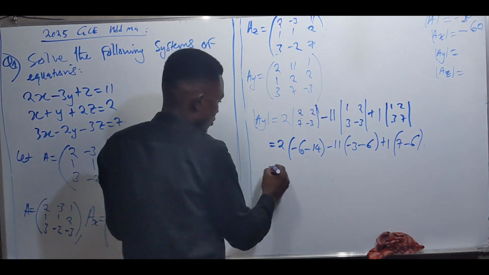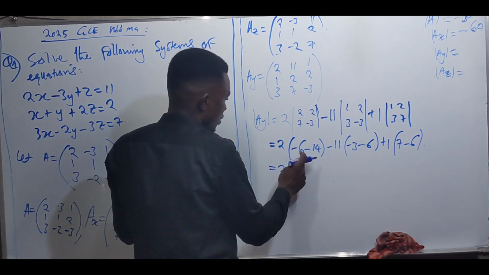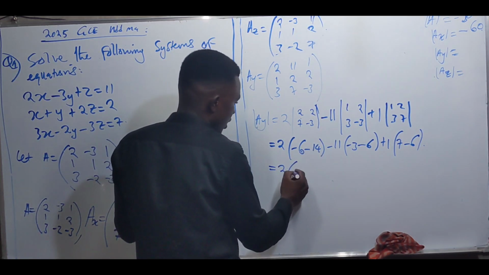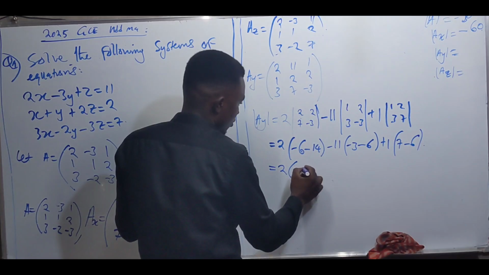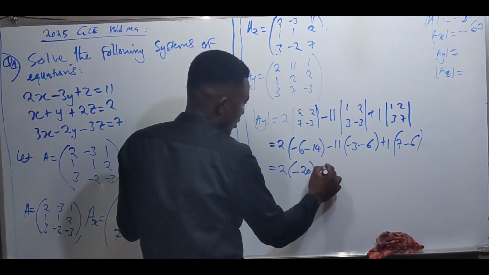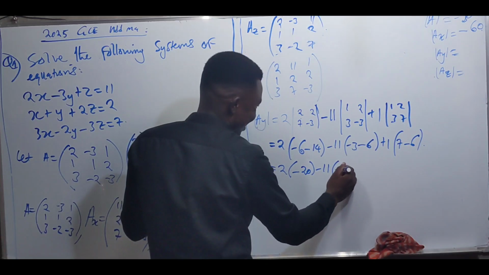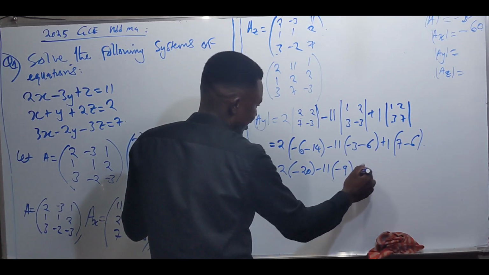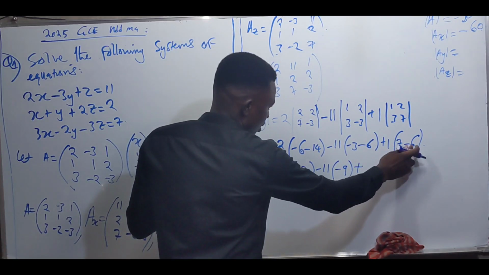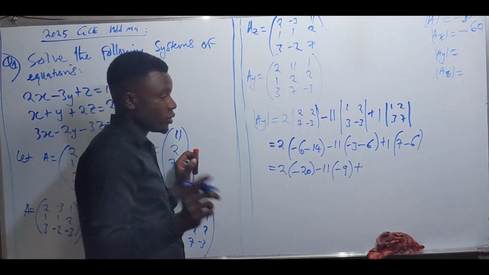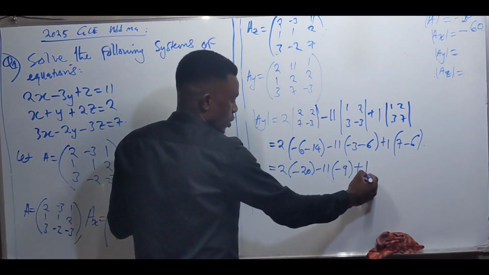Great. Therefore, I have 2 times negative 20, minus 11 times -3 minus 6, that is -9, plus 7 minus 6, that is 1. 1 multiplied by 1, this is just 1.